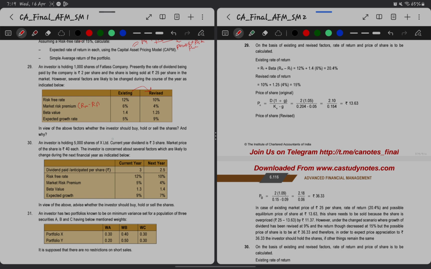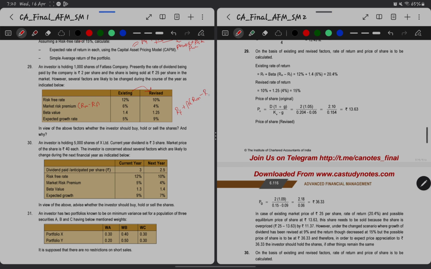Now we can find it out by using the CAPM model, whereas it will be risk-free return plus beta into risk on market minus the risk-free return, and here RF will be the risk-free return and RM minus RF will be the market risk premium, and beta is nothing but the sensitivity of the stock towards the market return.